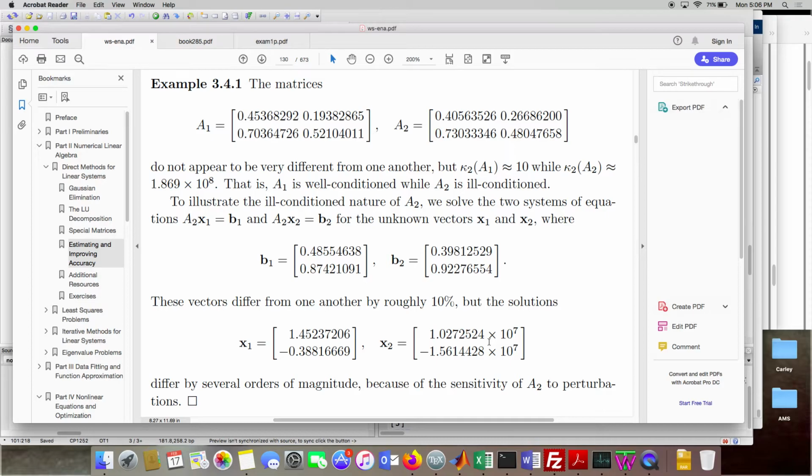So a small change in the input to the problem caused a gargantuan change in the output. Now, this is like a worst case scenario, and I actually know how to trigger those. So it doesn't always turn out that badly, that a change of this magnitude is not always going to lead to a change of this magnitude, but the point is it can happen. And in any given problem, you have to be aware of that possibility.